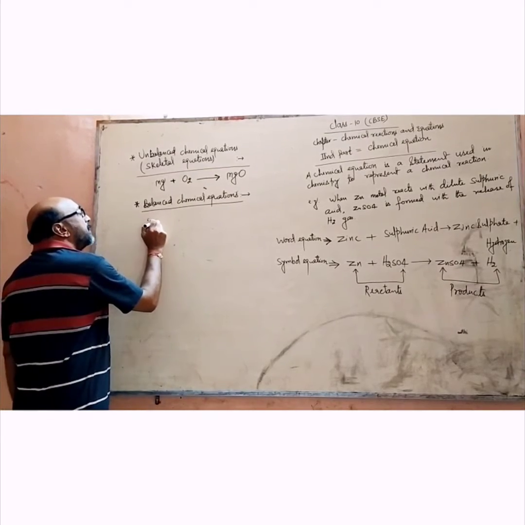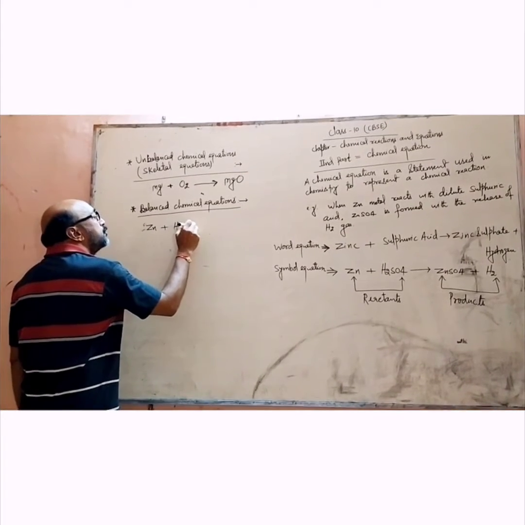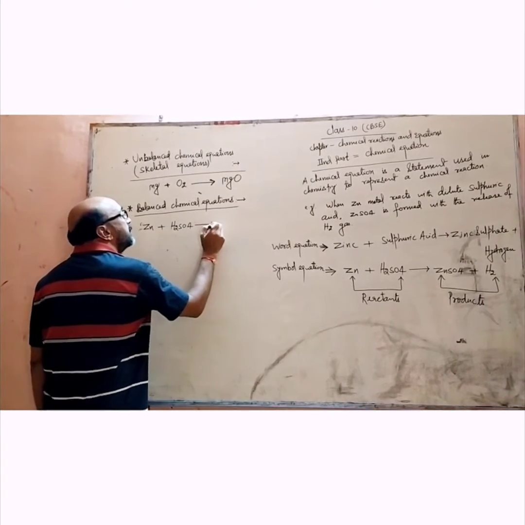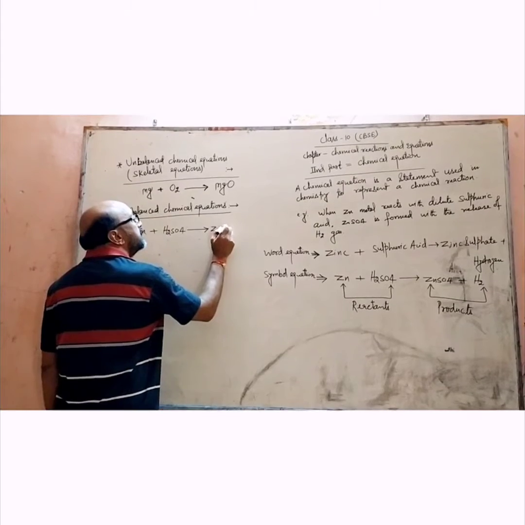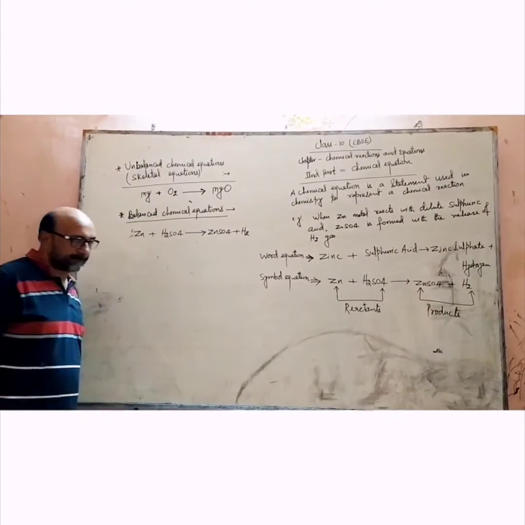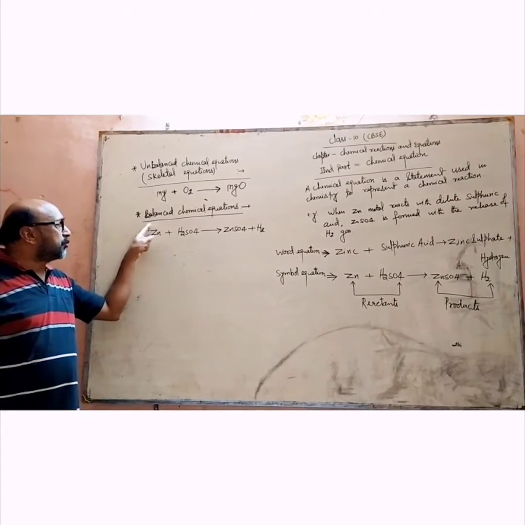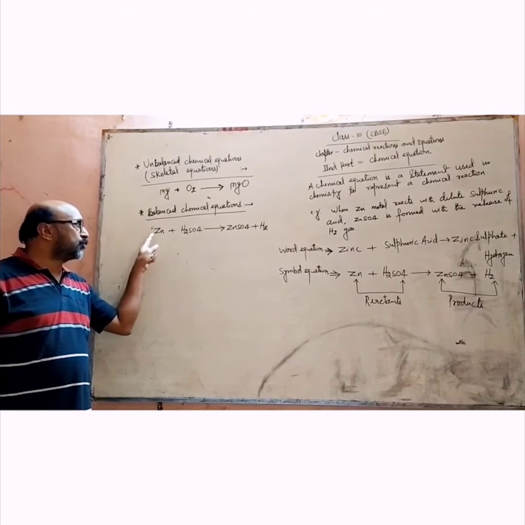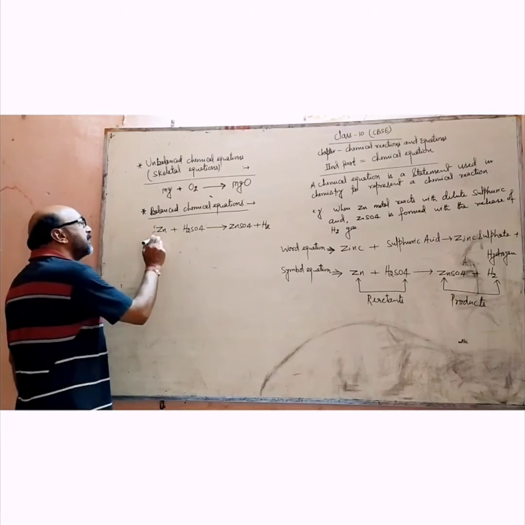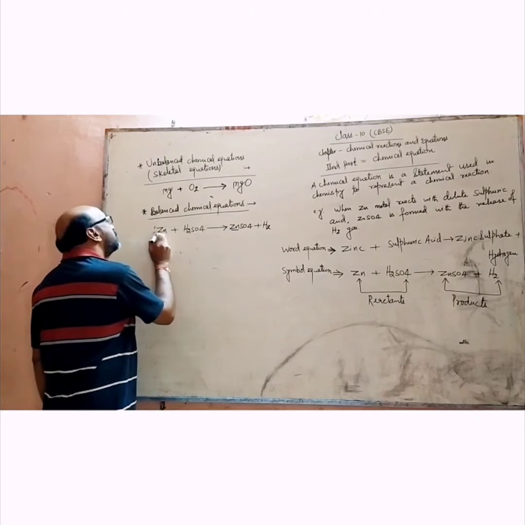For example, if we take zinc metal and allow it to react with sulfuric acid, it forms zinc sulfate and hydrogen gas is released. In this equation, see, the number of atoms of zinc is 1 in the reactant side as well as in the product side.